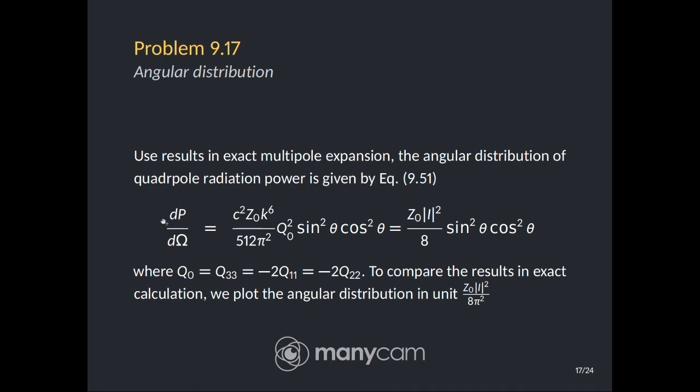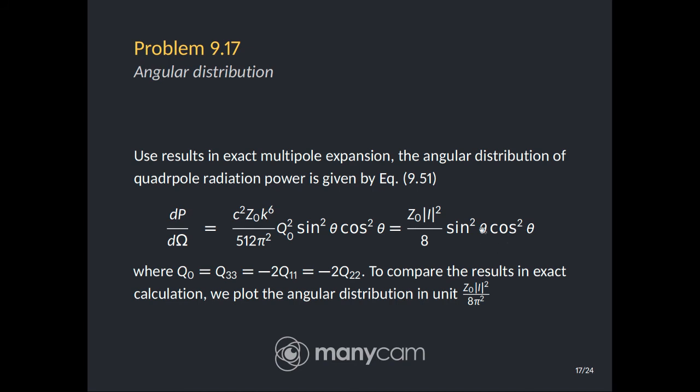The angular distribution dP d omega is equal to a constant times Q0 squared times sine squared theta cosine squared theta, and Q0 is equal to Qc3. After we put the value of Qc3 into our expression, the angular distribution is equal to Z0 times I squared divided by a times sine squared theta cosine squared theta.